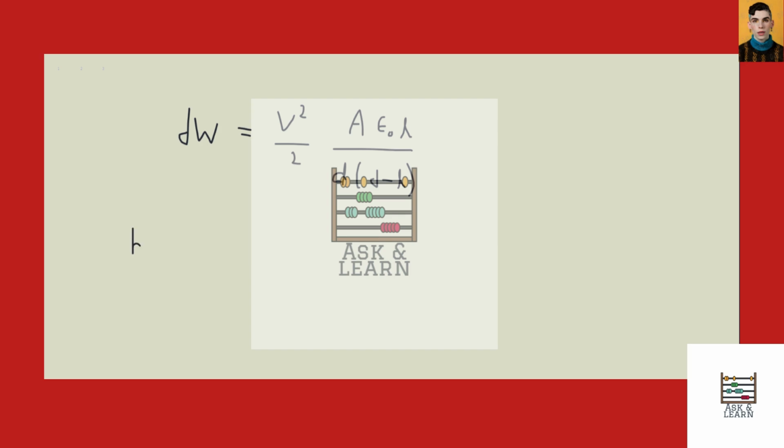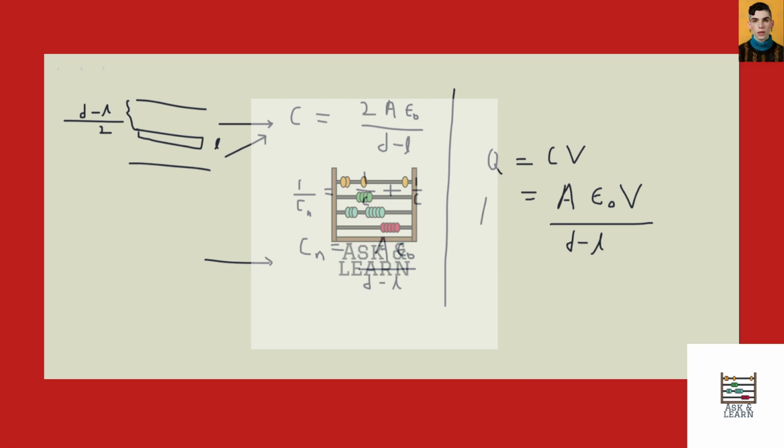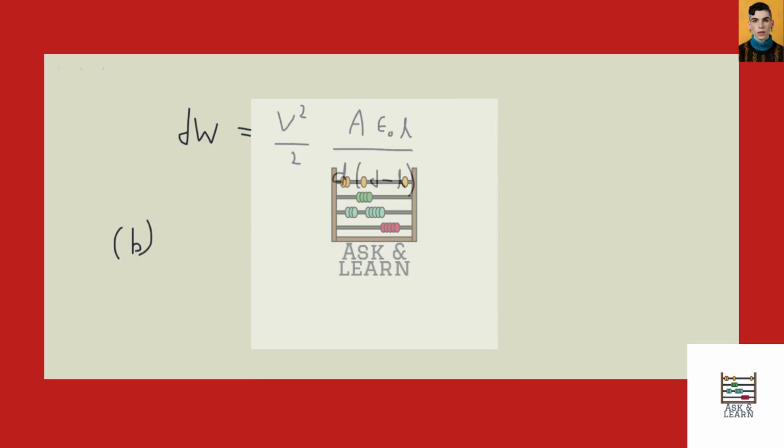Now in the second part, we are supposed to consider that battery is disconnected. That means the charge is constant. That's where we are going to use this quantity over here. So to find that, let's use different approach. When you have the battery connected and the plate inside, the energy in that case is half C V square.